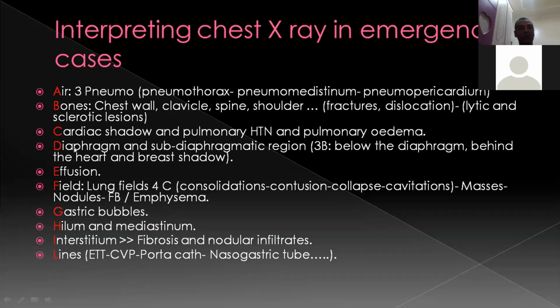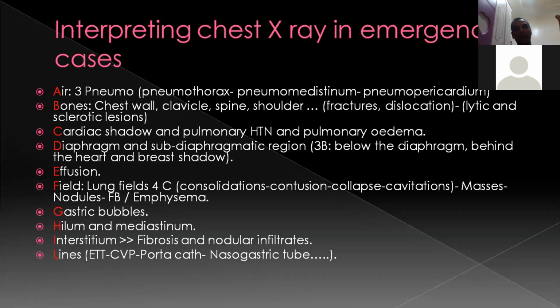B, bones. C, cardiac shadow. D, diaphragm and subdiaphragmatic region. And E, effusion. F, field. G, gastric bubbles, hilum and mediastinum. Interstitium, you can search for fibrosis or nodular infiltrates, and you can search for lines.